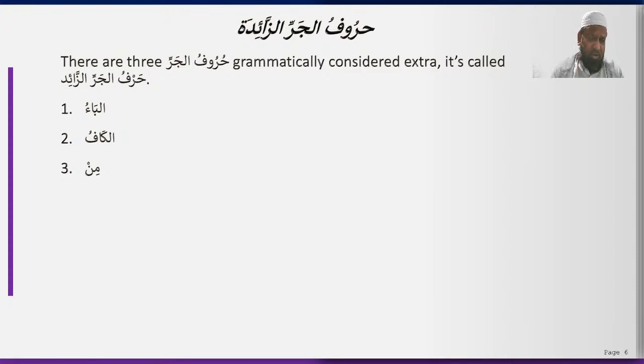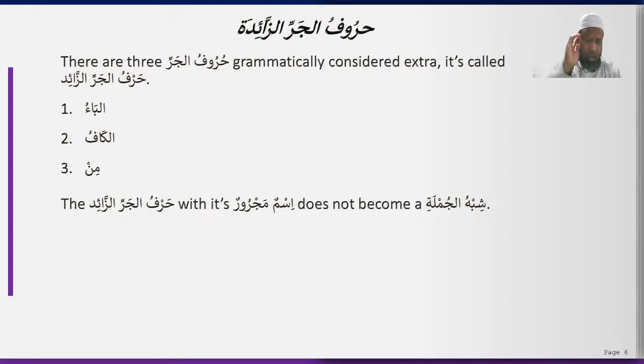In the last lesson we did the ba and the kaf, and we had some examples, but today we're going to learn the حرف الجر min, when it is extra. The حرف الجر الزائد with its اسم المجرور does not become a شبه الجملة, because this حرف الجر is extra.